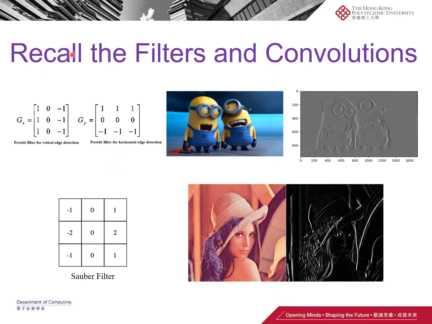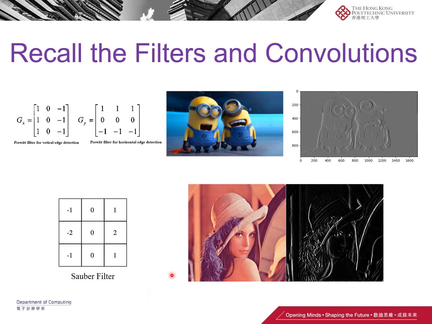So let's recall what we have introduced in image processing. We have filters to detect edges. We have filters to remove noise, and so on and so forth. There are filters, and filters are applied to images through the convolution process.